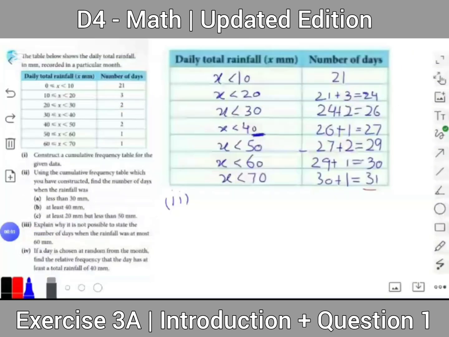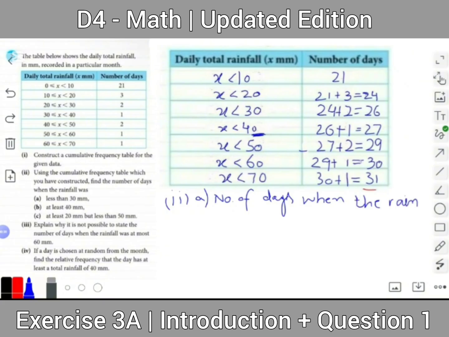Now in the part 2, using the cumulative frequency table which we have constructed in the part 1, find the number of days when the total rainfall was. In the part 2a, number of days when the rainfall was less than 30 millimeter.